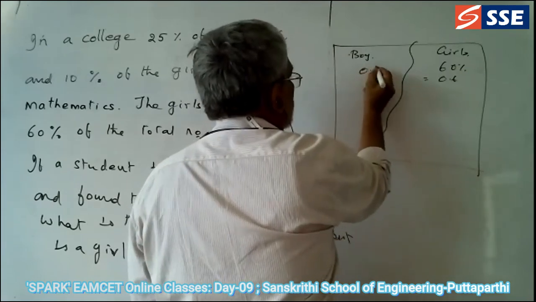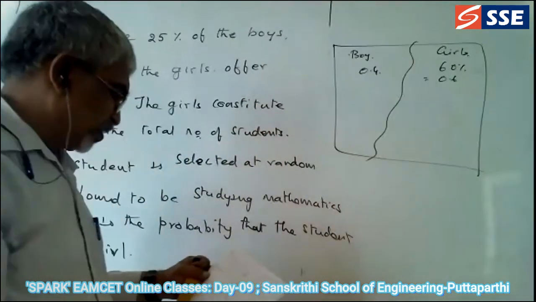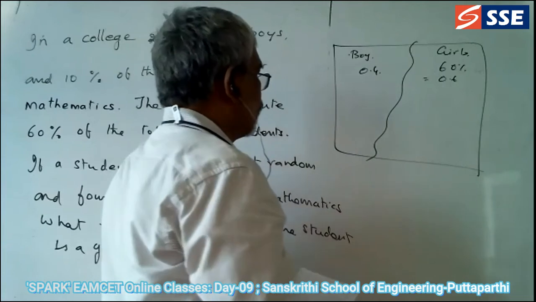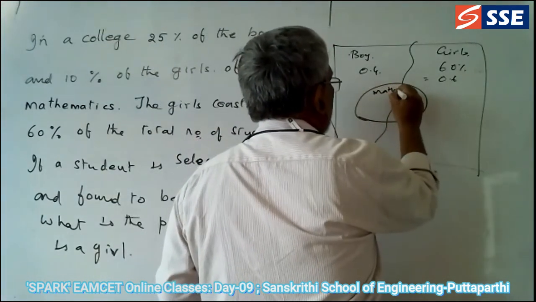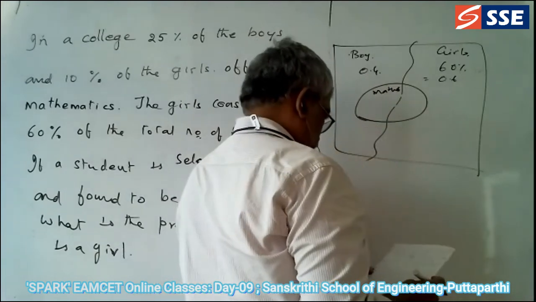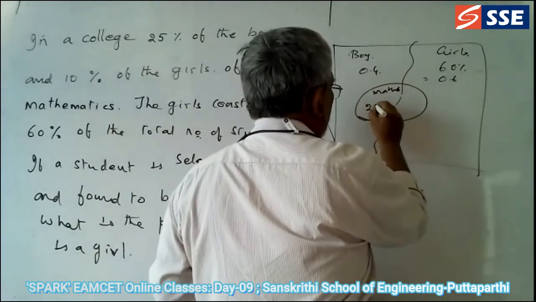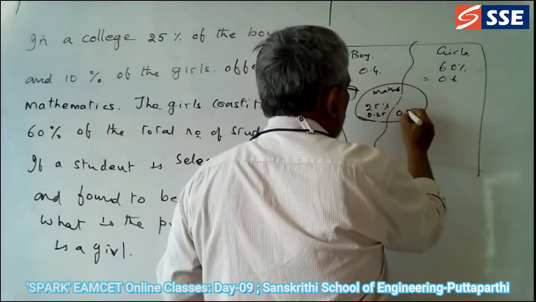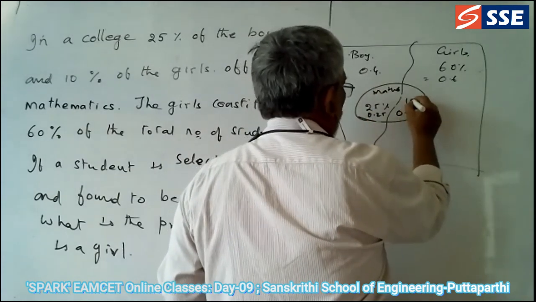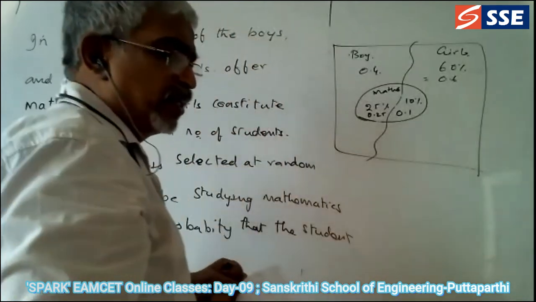So boys constitute 0.4 or 40%. Okay. And offer mathematics, both of them offer mathematics. Boys constitute 25% or 0.25 and girls constitute 10% or 0.1. So now we got two things.